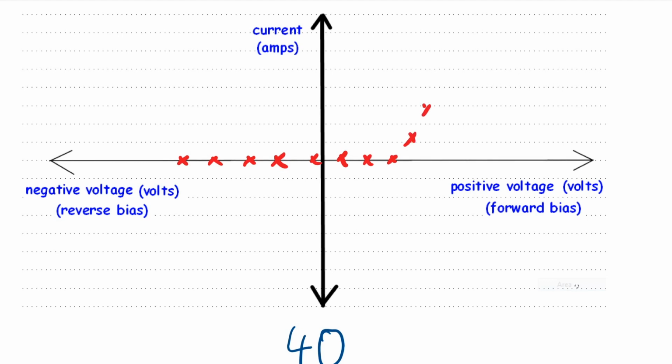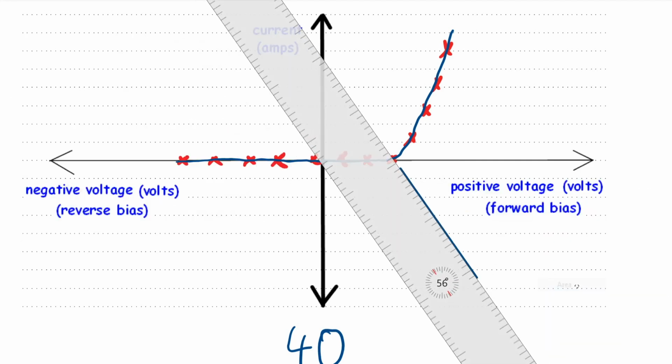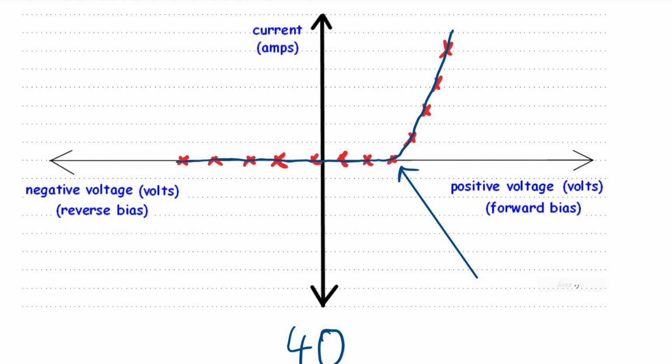Effectively what happens is, if we were to carry out an experiment, it would look like that, where in the reverse bias there is no current, but then we get this shape because above a certain voltage called the threshold voltage, which is usually about 0.7 volts in most diodes.